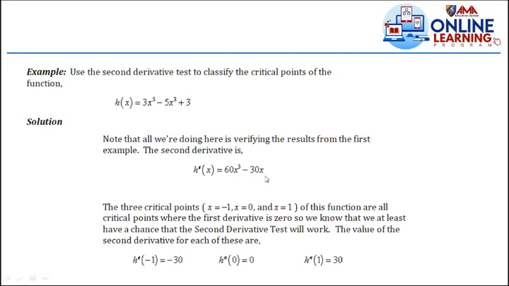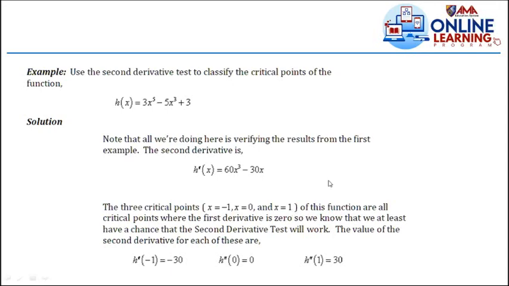From our algebra, the difference of squares: if we factor a squared minus b squared, we're going to have a plus b, a minus b. So with that, the factors are 30x, x plus 1, x minus 1. If x plus 1 is equal to 0, our x will be negative 1. If x minus 1 is equal to 0, our x will be positive 1.